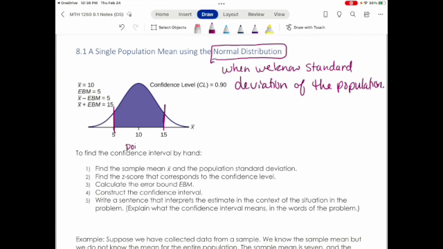We're going to look at what's called the point estimate. So that's going to be in the middle, the mean, and then we're going to add and subtract our error. So when we take 10 plus the error and 10 minus the error, that creates that lower and upper bound to create our interval. And then we can say we're pretty sure that the population parameter is going to lie on this interval.